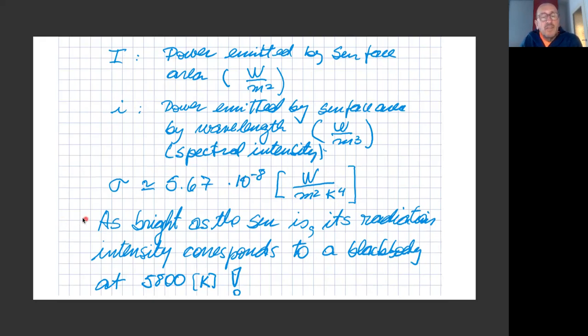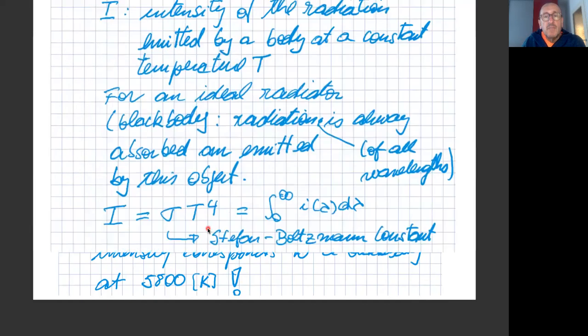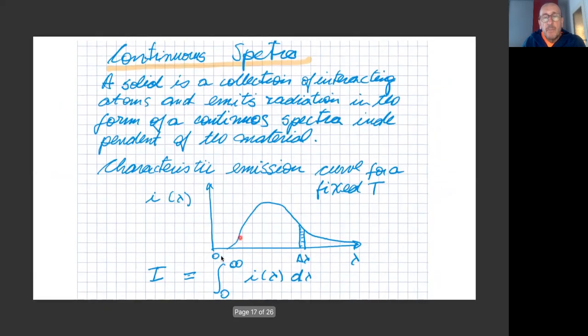And this is a very interesting aspect here. As bright as the sun is, its radiation intensity corresponds to a black body of 5,800 Kelvin, okay? So if this is a universal constant, you can have an apparent temperature of the surface of the sun that provides the actual intensity as a function of lambda. There's a funny thing about these curves. This is measured for a fixed T, okay?